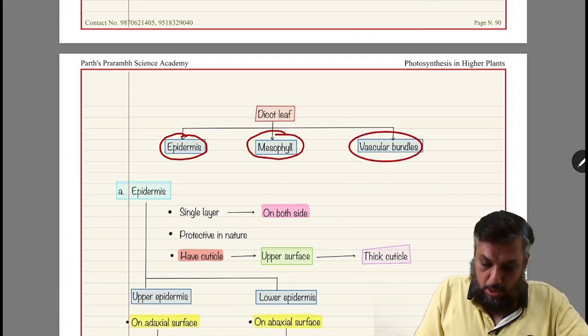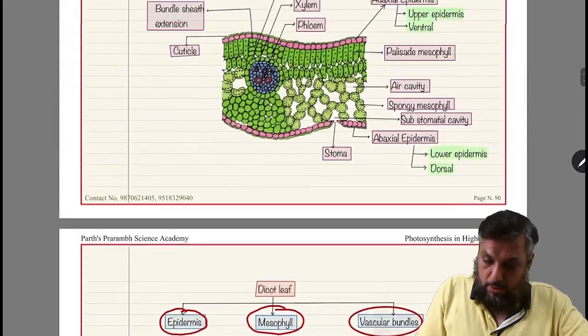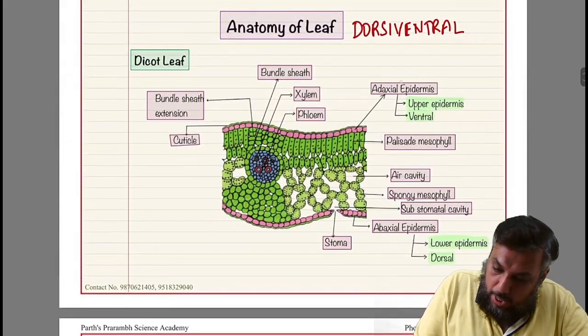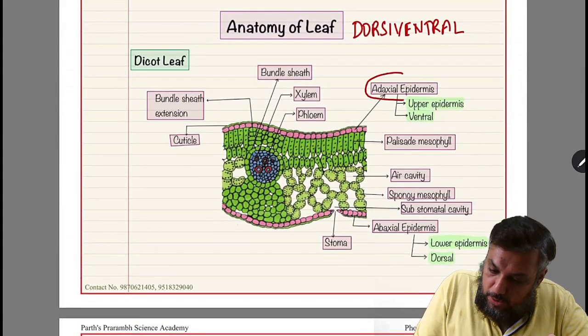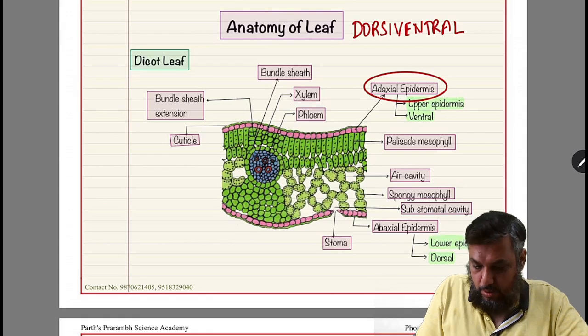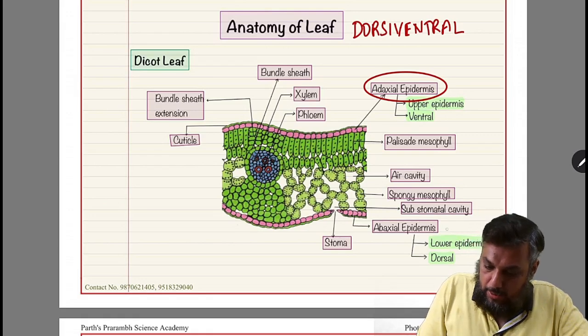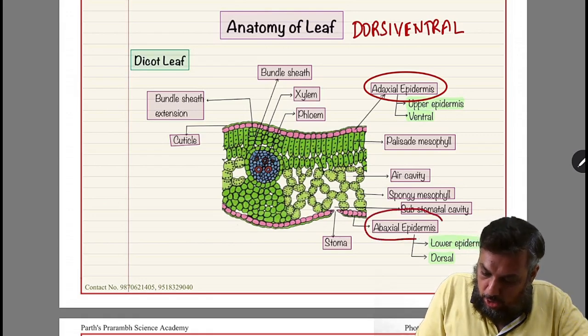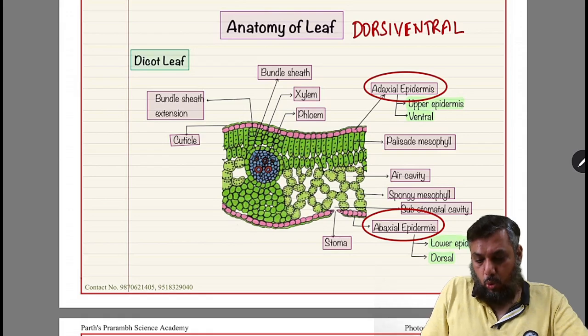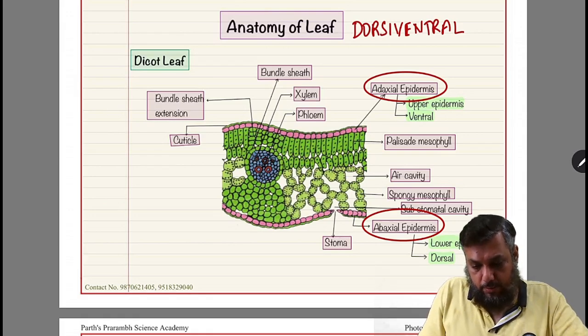Okay, now look at this, guys. So you have an upper epidermis, the adaxial epidermis, okay, and the abaxial epidermis, okay, that is the lower epidermis.